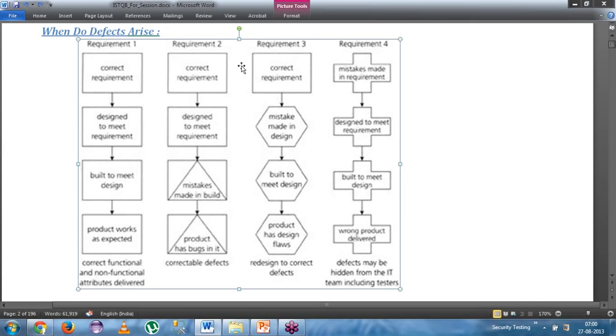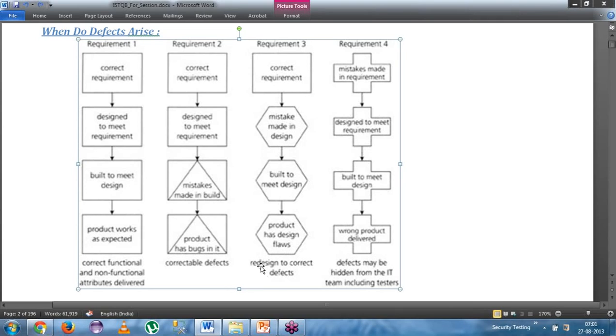Fine. Let us now see a little more riskier issue. For example, in one of the requirements, you have the requirement correct, but you made the biggest mistake in your design. So when your design is wrong, your build or your coding would be wrong and your product will have serious defects. We have to do the redesign to correct the defects.